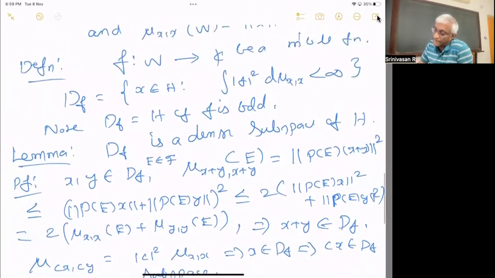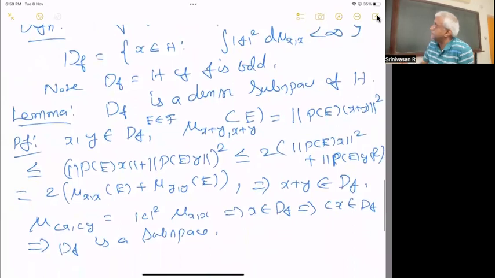So D_f is defined by this. Given any x in H, we have to produce an x_n in this domain which converges to it in norm. That's what we have to do.